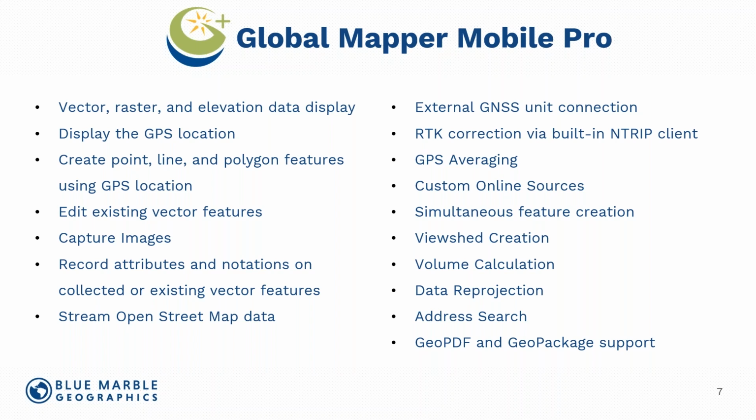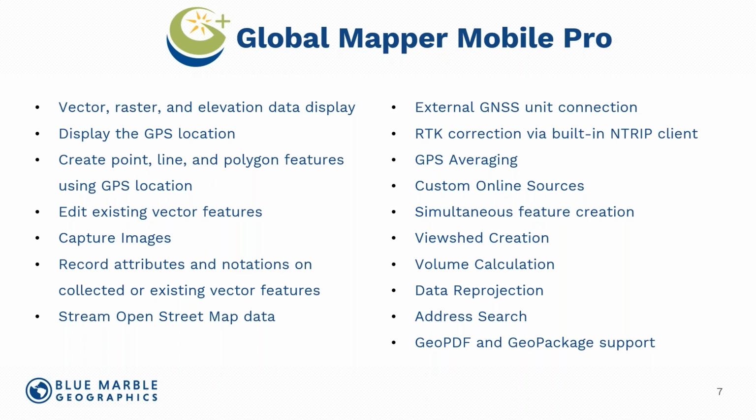You can add RTK corrections if you know of an available RTK correction source or you subscribe to one, and you can log right into that via a built-in Ntrip client in the Global Mapper Mobile Pro app. There's also an option for GPS averaging, so taking in some position information over an amount of time in order to boost the accuracy of that position.